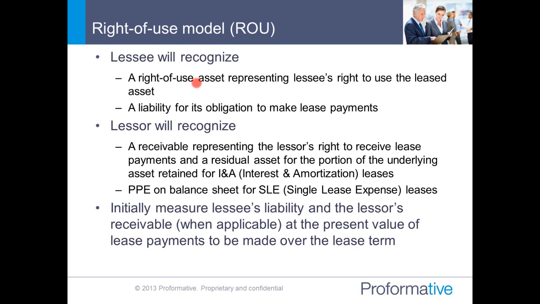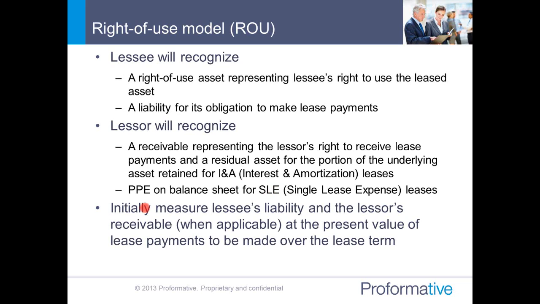Lessees will be recognizing assets and liabilities, but certain leases will have accelerated lease costs, and certain leases will have straight-line lease costs. The initial measurement on the lessee side is the present value of the minimum lease payments as newly defined.